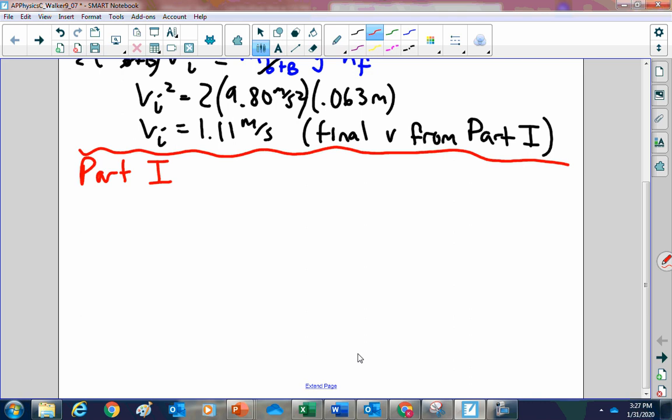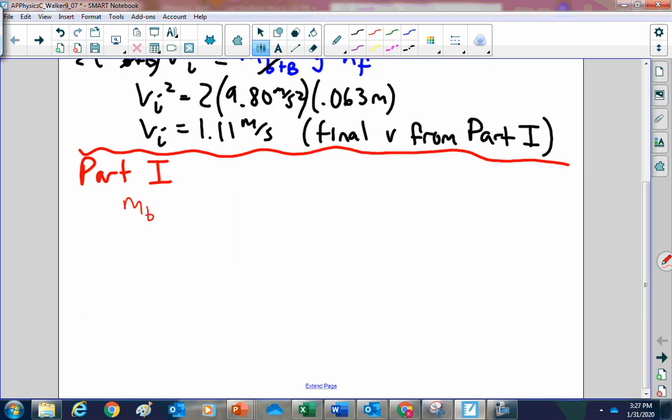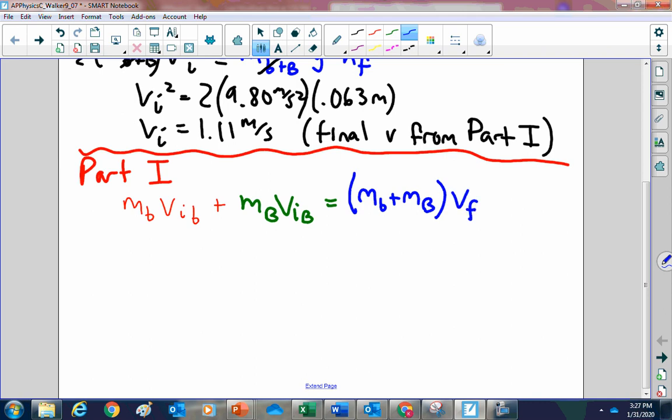I have the mass of the bullet, little b, times the initial velocity of the bullet, plus the mass of the big block. It's got no velocity to begin with, but I'll leave it in there for now. And then the two combined times their final velocity together.